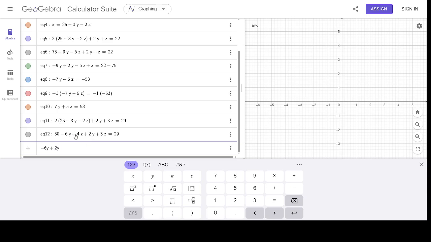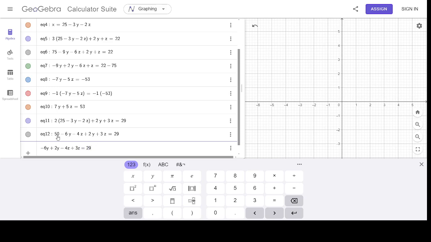Then we take minus 4z, plus 3z. So this is 50, now is equal to 29.